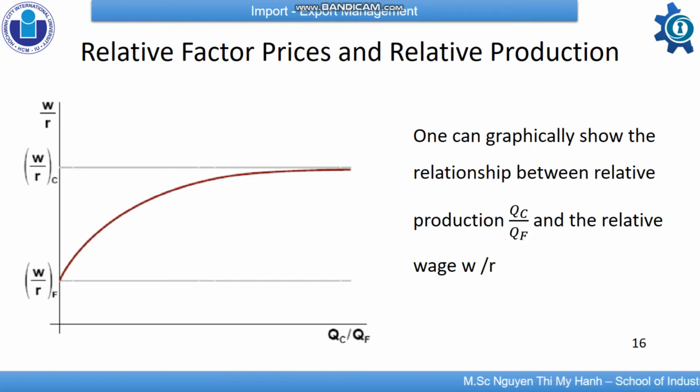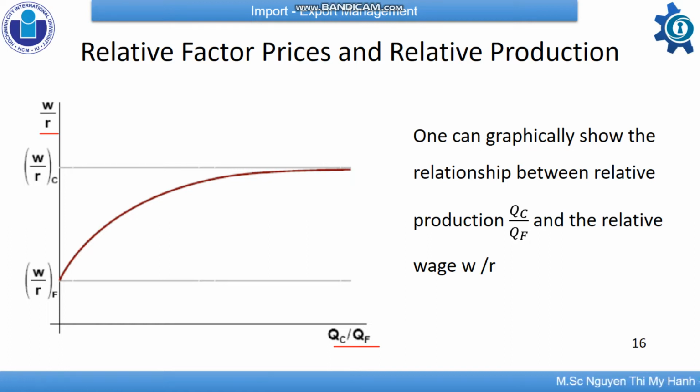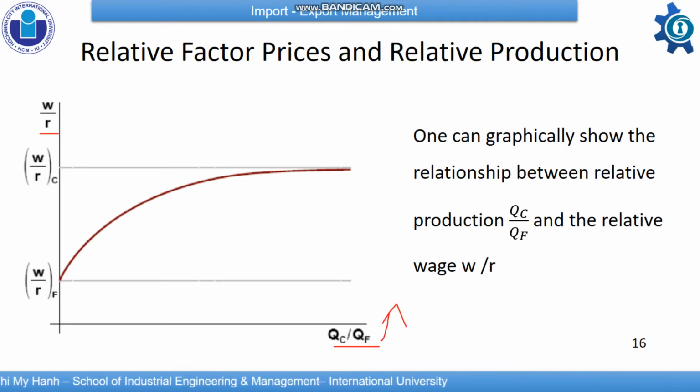As we can see here, this figure shows the relationship between the relative production and the relative factor price. We can see that if the relative quantity of the cloth to the food increases, the relative price of labor to capital also increases.